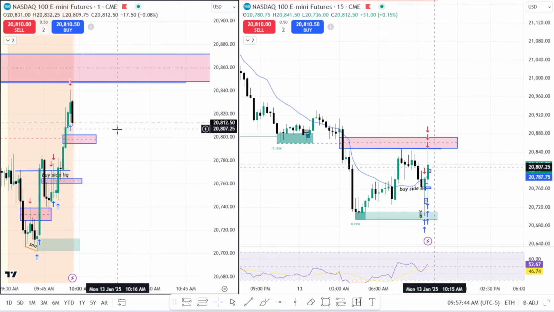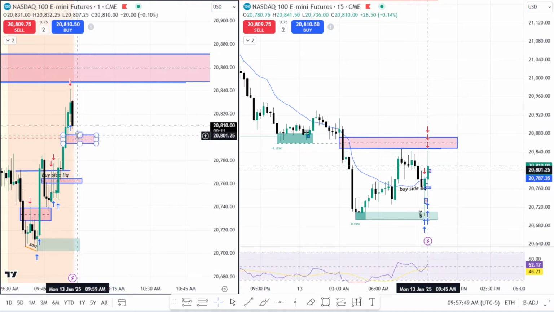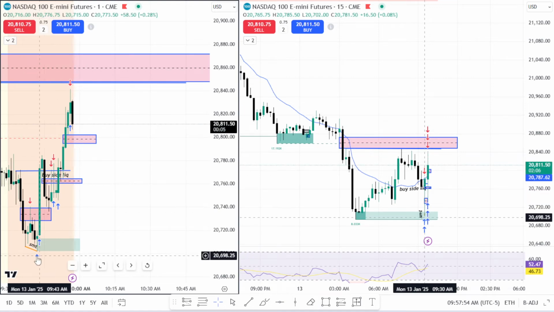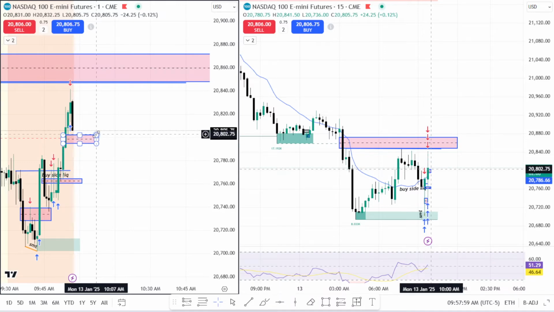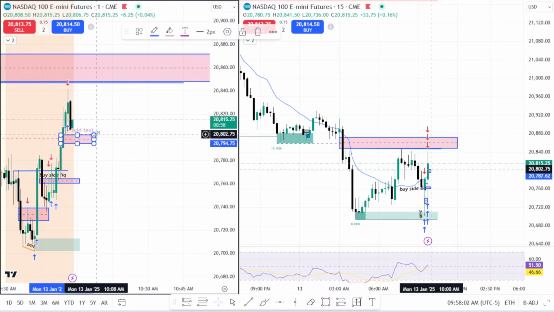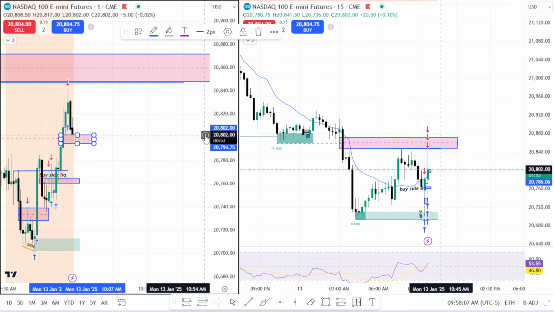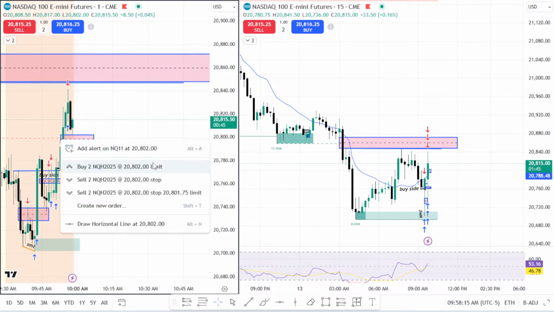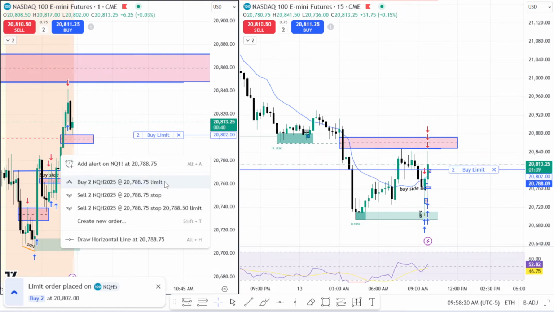All right, I'm not looking for any shorts as of right now, because the short liquidity would be here and here. So we have this gap here. I do believe we're gonna come fill. Stop loss here.